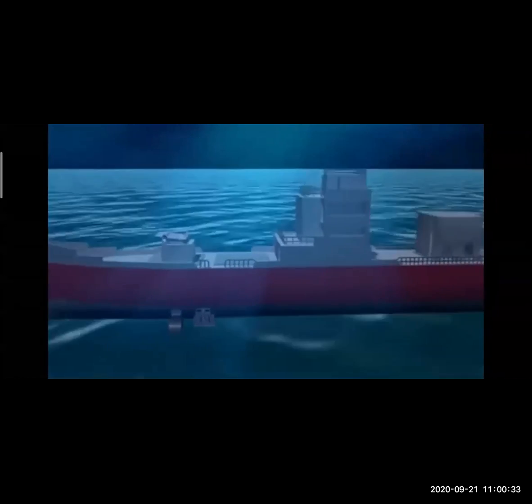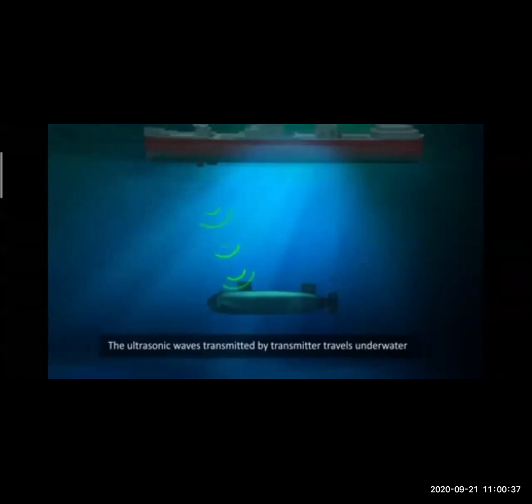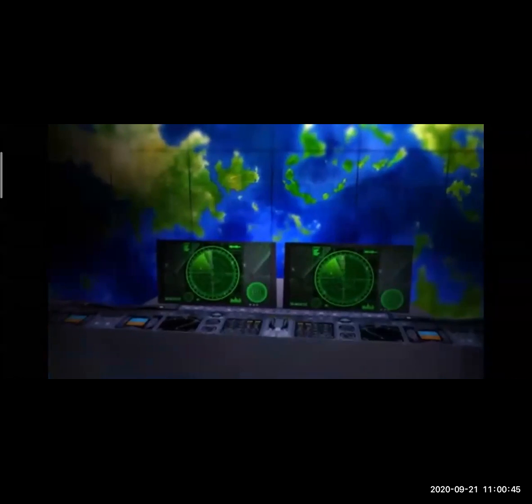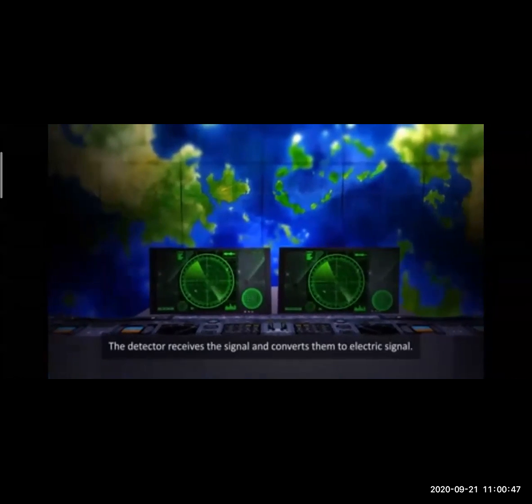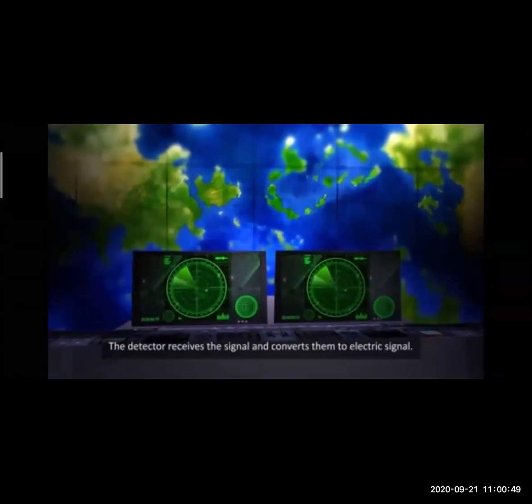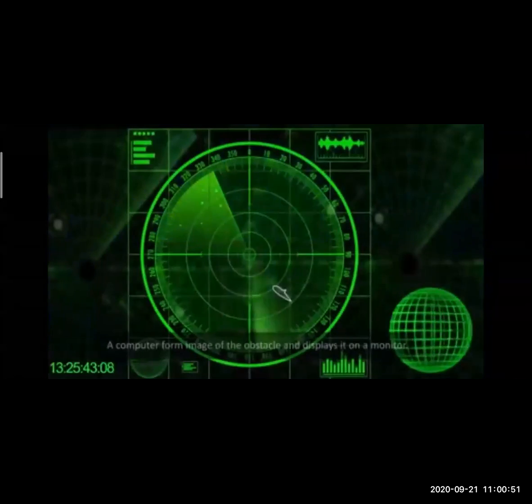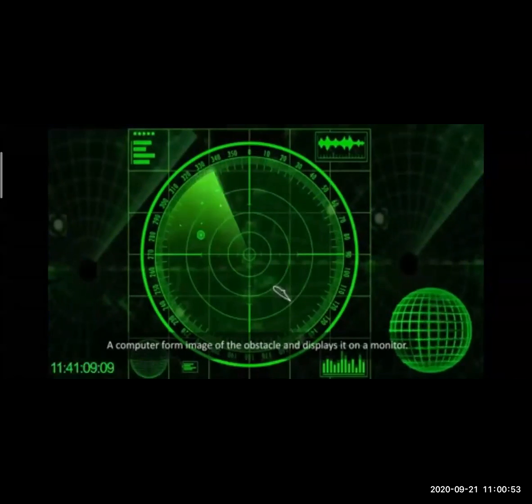Sonar has a transmitter and a receiver which are installed at the bottom of the ship. The ultrasonic waves transmitted by transmitter travel underwater and get reflected back from obstacles. The detector receives the signal and converts it to electric signal. A computer forms image of the obstacle and displays it on a monitor.